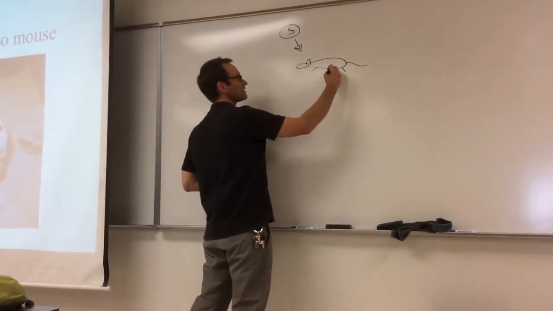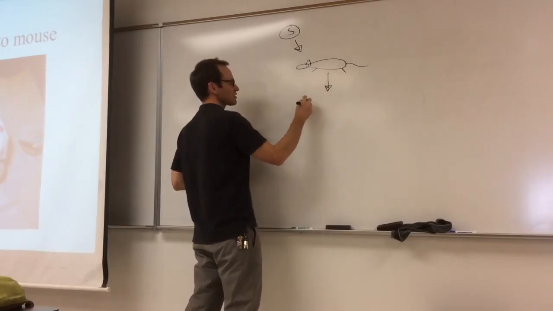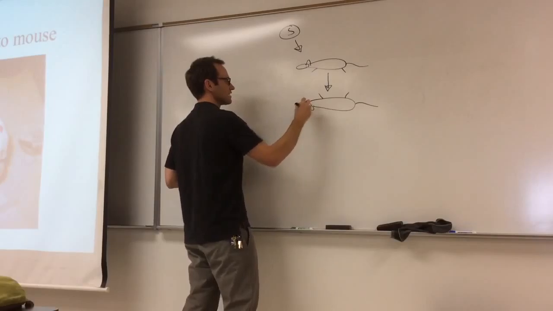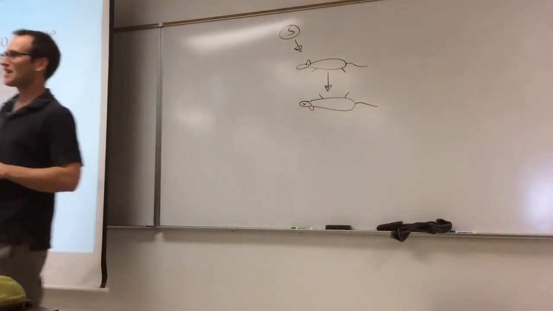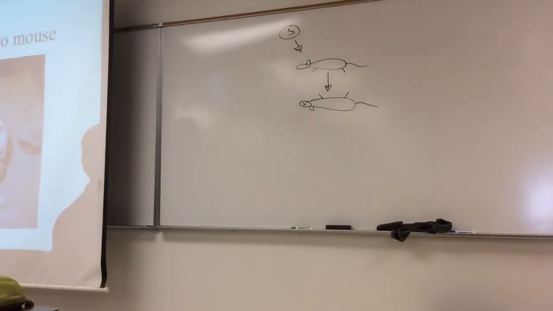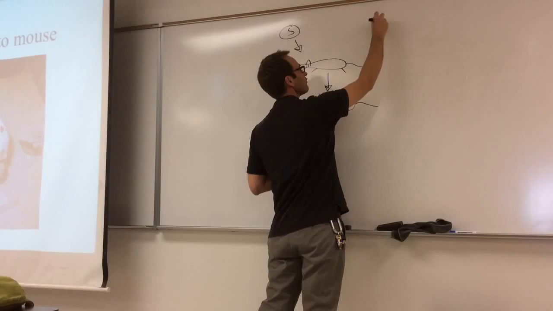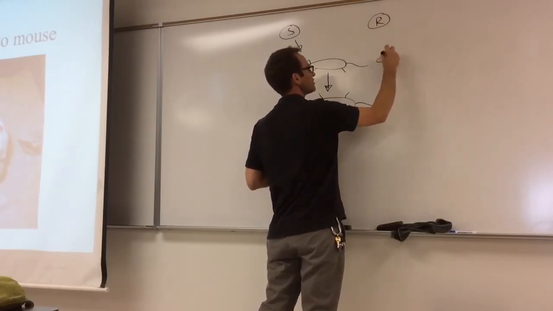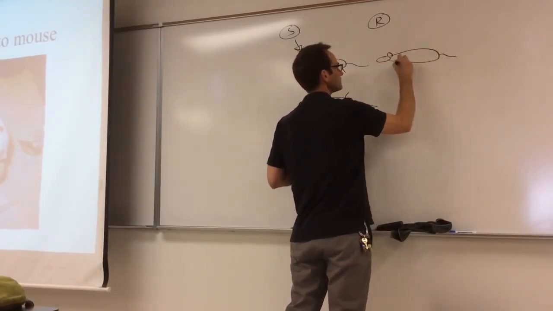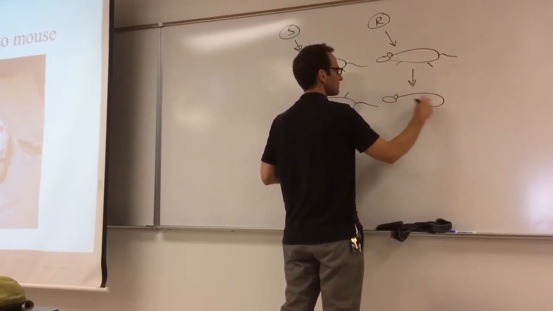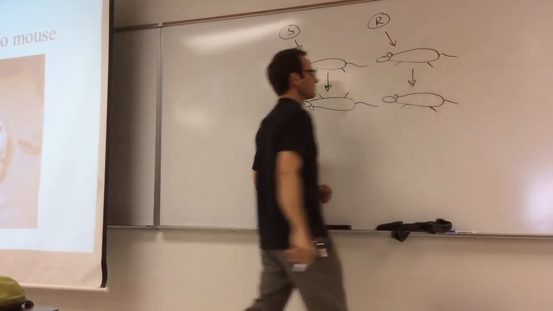So if you inject or introduce the S bacteria to the mouse, well, the mouse dies. An upside down mouse with an X in place of its eye is the universal acknowledged symbol for dead mouse. I think we all agree. If you take the R form of the bacteria and you introduce it to the mouse, well, it's not disease-causing, and the mouse is fine.